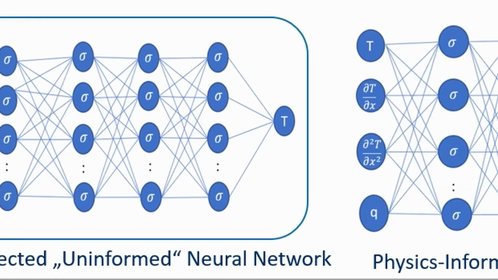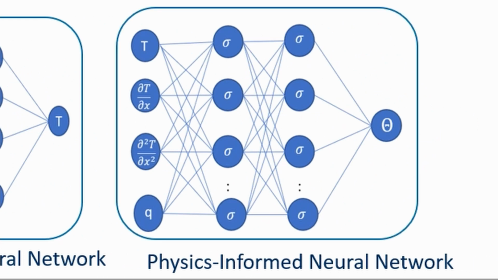Then another deep neural network is trained to learn the function theta from the approximated temperature field, its derivatives, and the heat source in such a way as to decipher the physical laws of heat transfer in 3D printing.